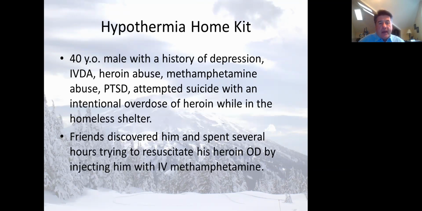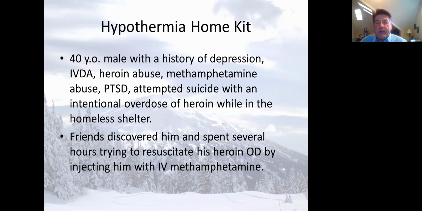It's a 40-year-old male with a history of depression and IV drug abuse, heroin abuse, and methamphetamine abuse, and post-traumatic stress disorder. He attempted suicide with an intentional overdose of heroin while in the homeless shelter. Going back for history, he had asked one of his friends for some heroin.